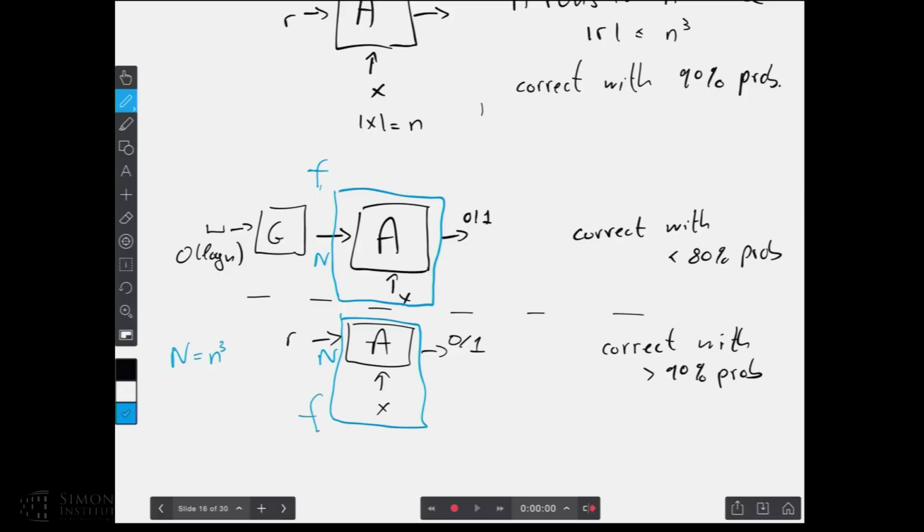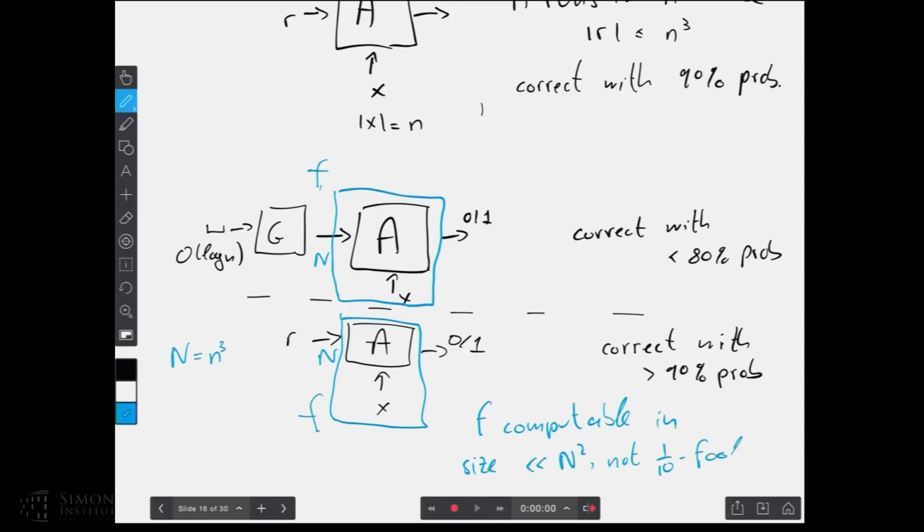What is this f? It's what the algorithm does on input x given its randomness. It's doable in time n cubed, so order of big N, which is much smaller than N squared. So what we have here is an f that is computable in size much less than N squared.